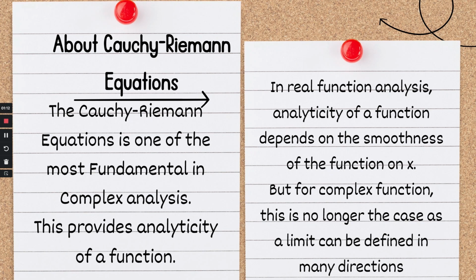In real function analysis, analyticity of a function depends on the smoothness of the function on x. But for complex functions, this is no longer the case as a limit can be defined in many directions.